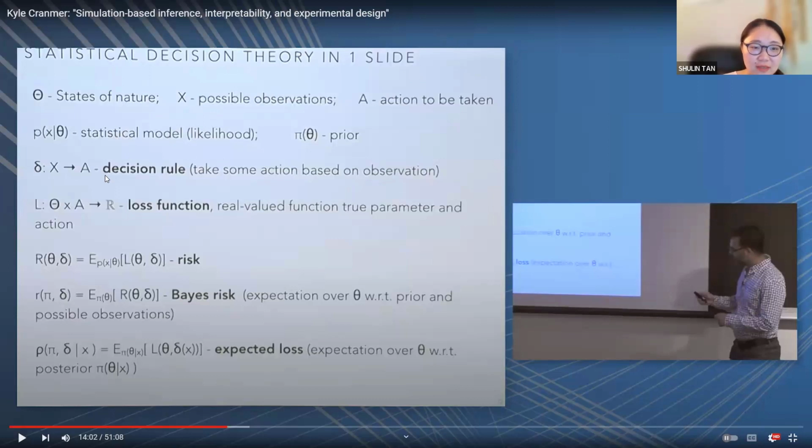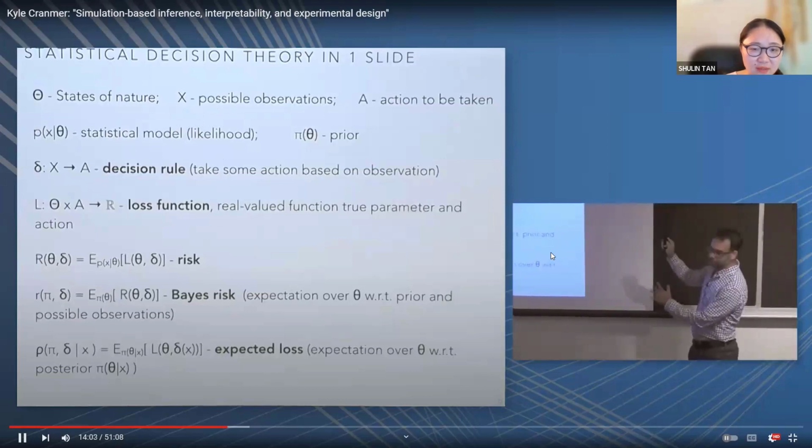And I feel like this risk is kind of how our inferred parameter is going to deviate from the real parameters, something like that.